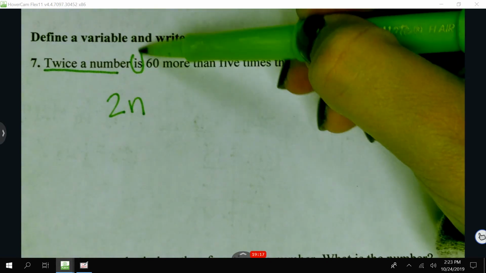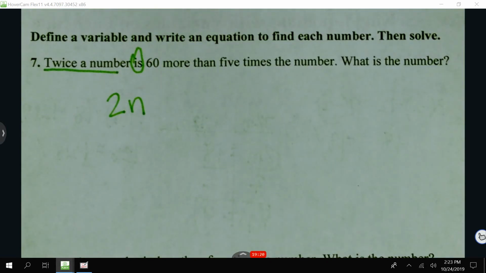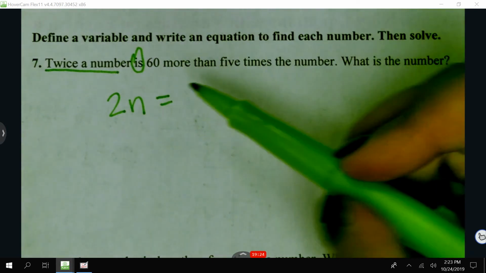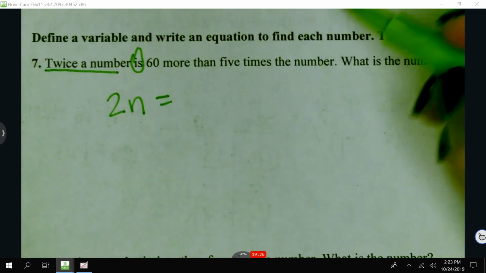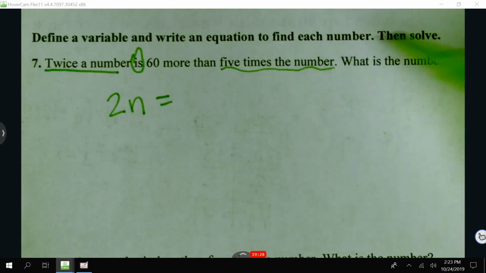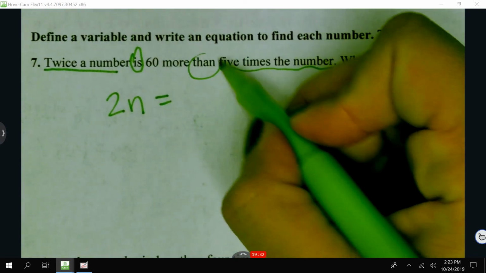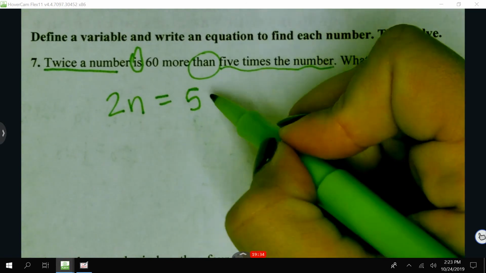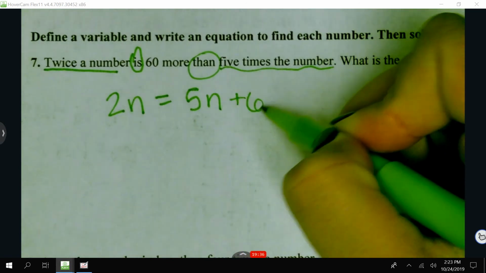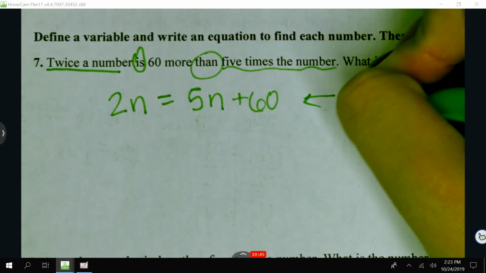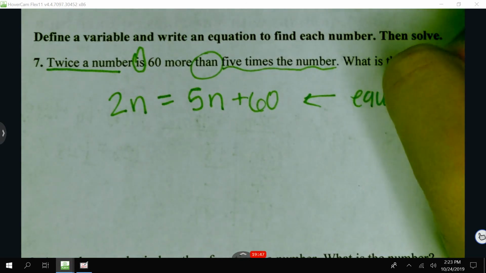What does that "is" tell me? That it's equal to, right? And it's equal to 60 more than 5 times a number. So 5 times n plus 60. So it's 5n plus 60.